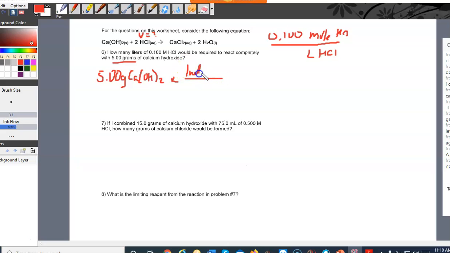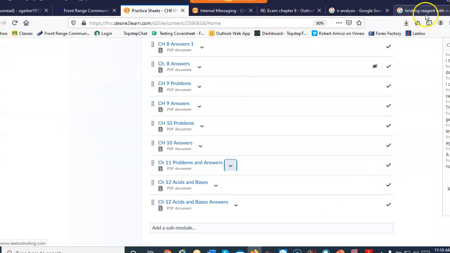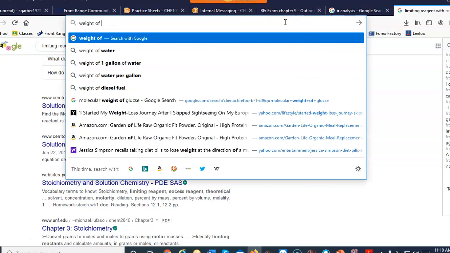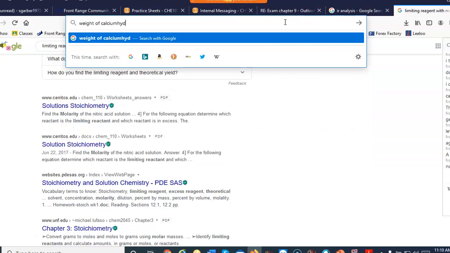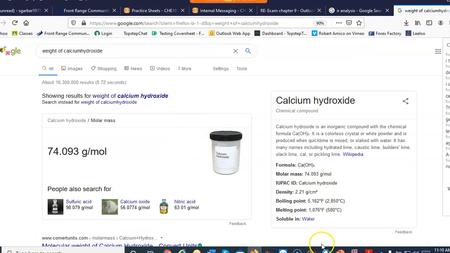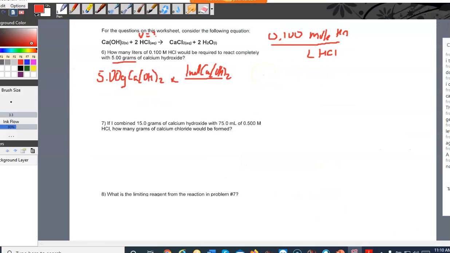So, 1 mole of calcium hydroxide. Let me just look it up instead of calculating every time, since it's probably a lot quicker. 74.1. Does that sound right?